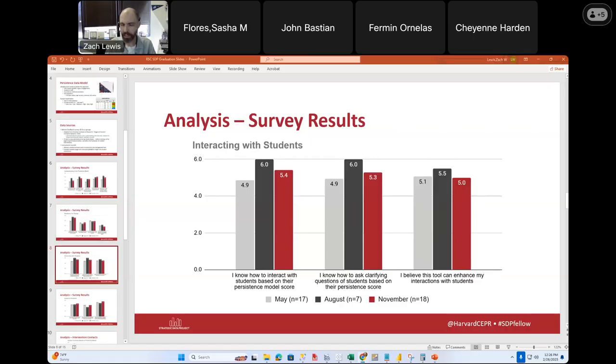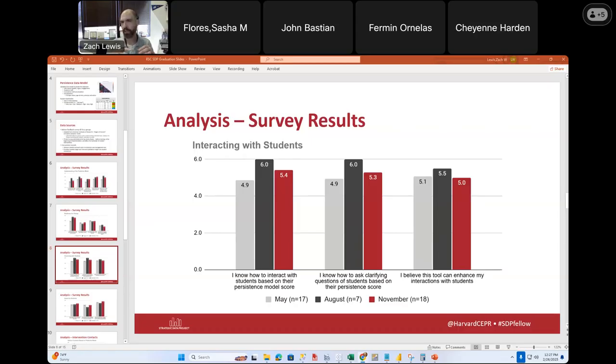In terms of interacting with students, we collected some additional survey data to understand how advisors were perceiving these tools as benefiting their work in that way. Understandably, advisors expressed some initial hesitation, both via the survey and face-to-face in our focus groups, about how to interact with students and manage those conversations, importantly, without creating a deficit mindset among learners.